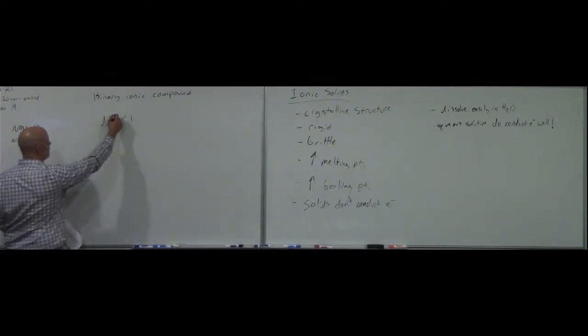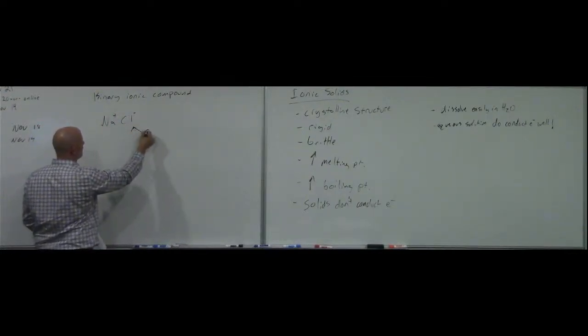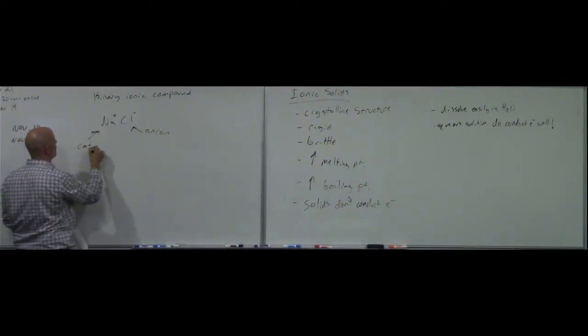It's going to have an anion and a cation. Anion is going to have what charge, positive or negative? Negative. Cation is going to have a positive. So my cation is going to be my sodium, my anion is going to be my chlorine.